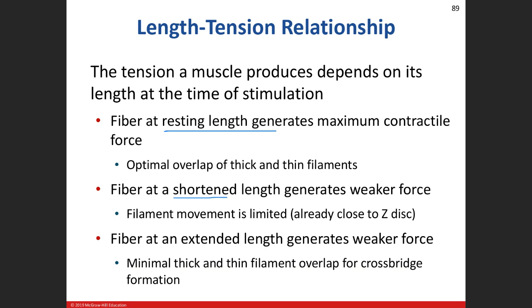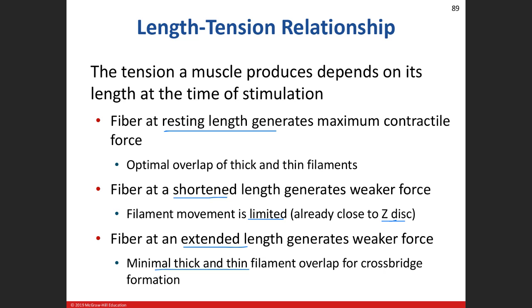So shortened length, weaker force; extended length, weaker force, because we have very limited movement, because both of those thick and thin filaments are close to the Z disc, and there's hardly any thick and thin filament overlap when we're in the stretched position.